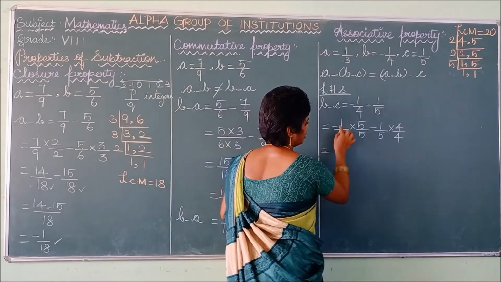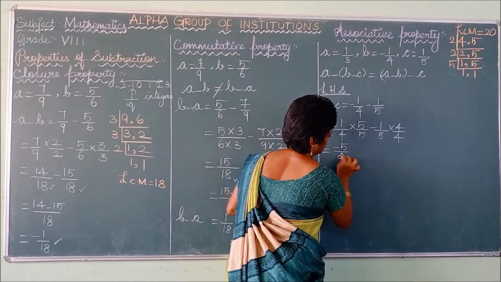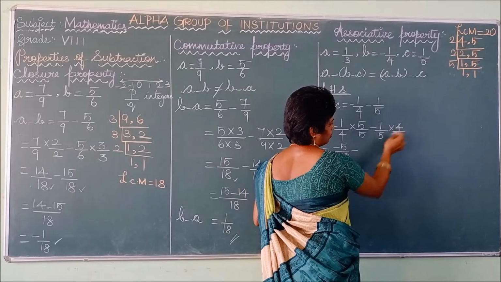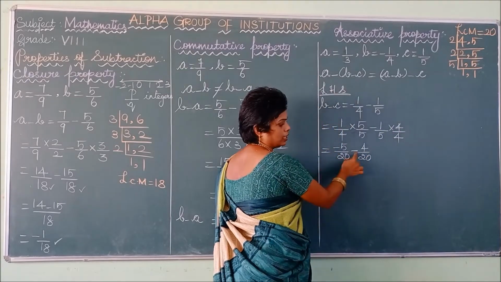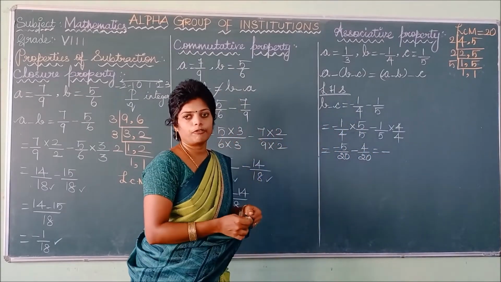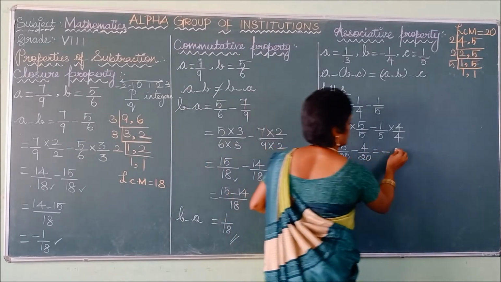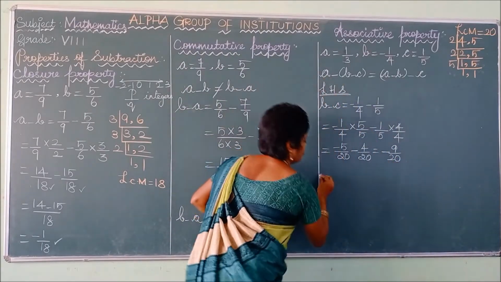So now check. What is the value? 1 5s are 5, 4 5s are 20. Here minus 4, 5 4s are 20. Both are in the same sign. So you can put that sign and add the values. 5 plus 4 is what? 9. 9 by 20.